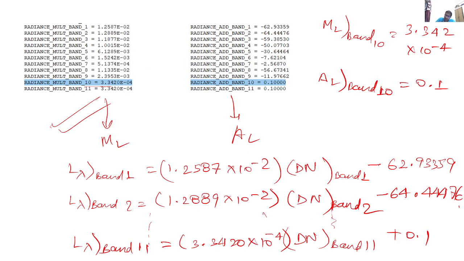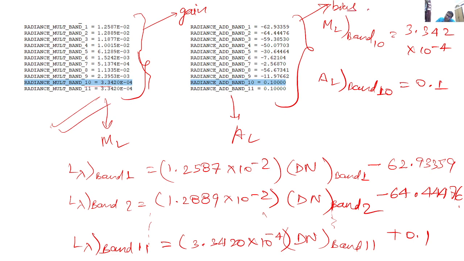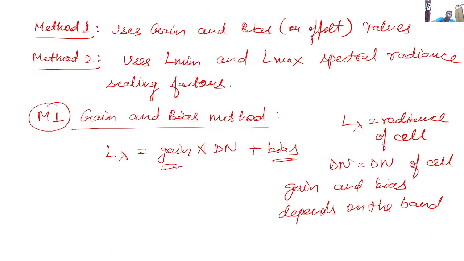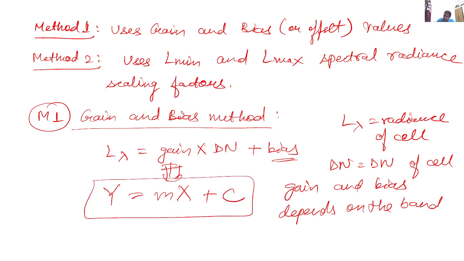So this multiplicative factor is nothing but the gain, and this is nothing but the bias. It's very similar to a well-known expression, y equal to mx plus c, where m is the slope and c is the intercept.